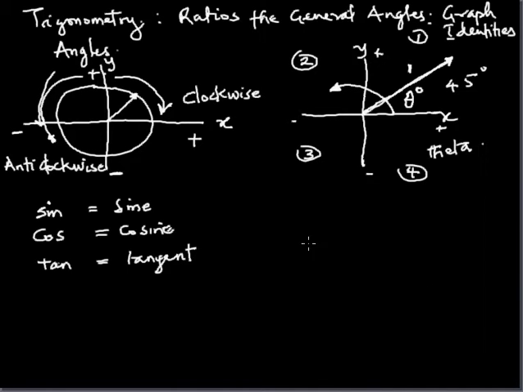Now, let me redraw this triangle out for you. Okay, we can still use this. Remember I said this is the x axis and this is the y axis. This can also be redrawn like y axis here.